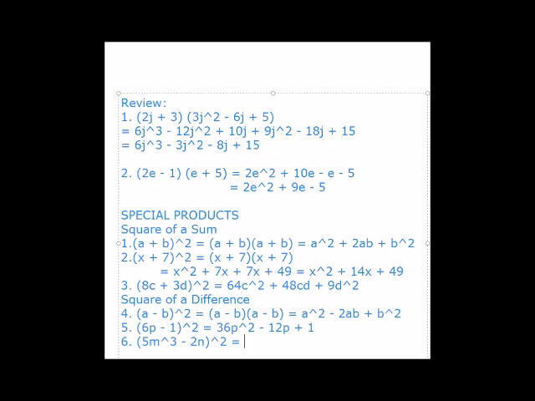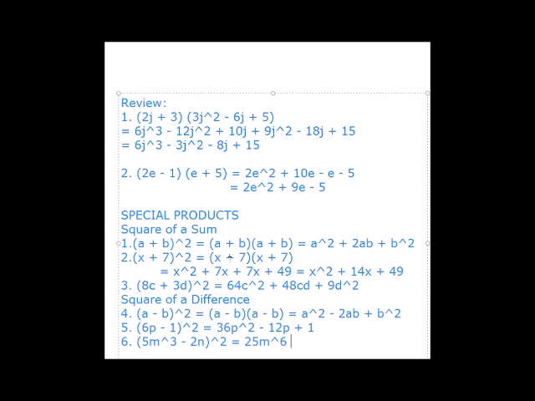You can already share. 5m cubed minus 2n, we have the first term squared. 5m cubed squared is equal to? 25m to the 6th power. Yes, you got the power. 25m to the 6th power and then?